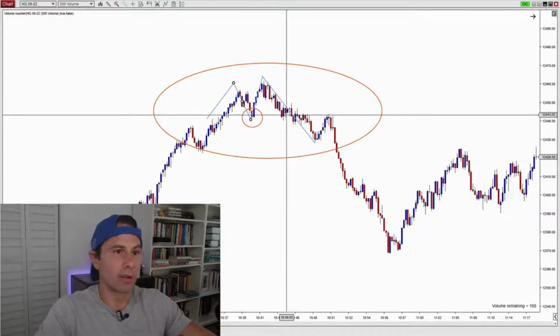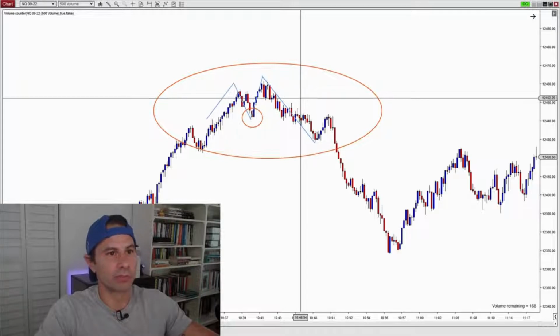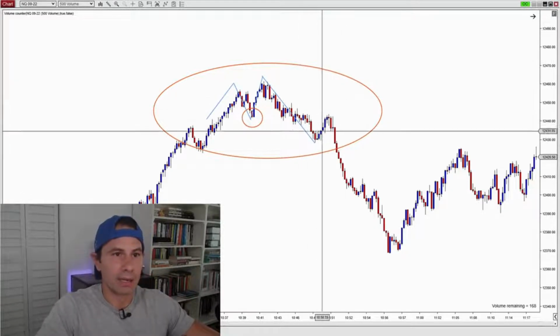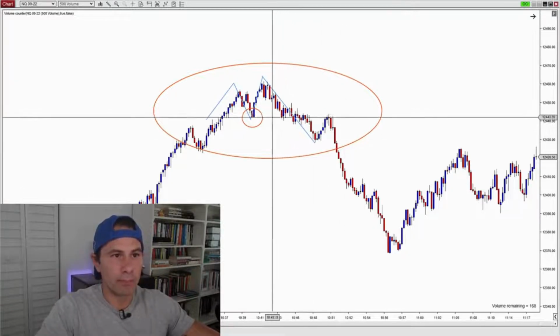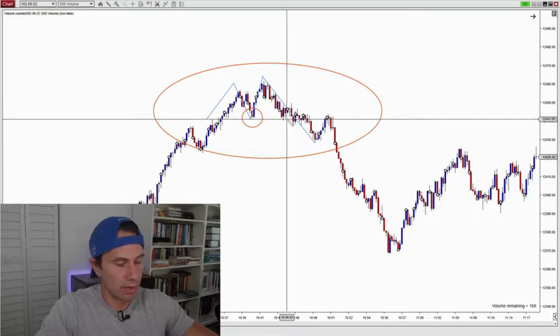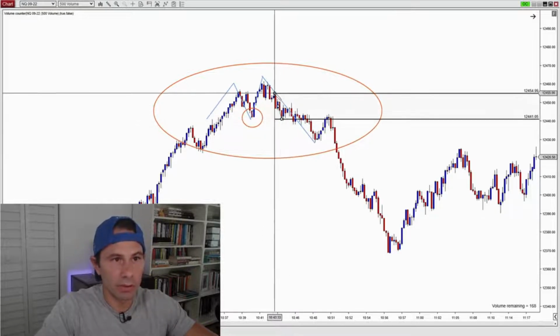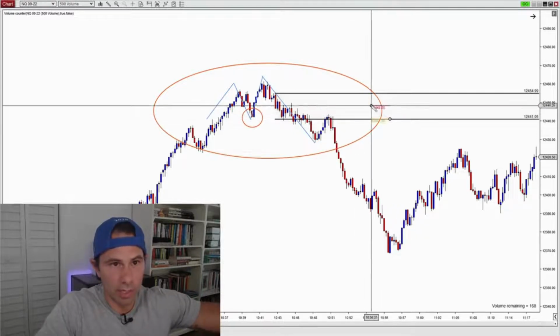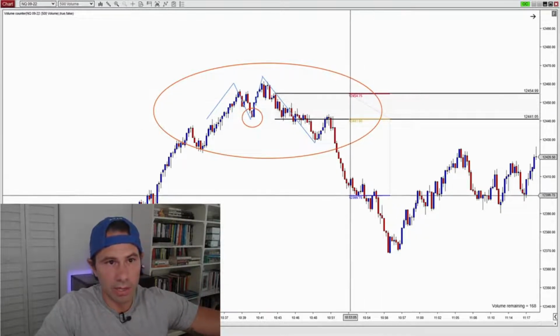I want to have other things aligned. For instance, for me, internals and the dollar. Those things are very important for me. But again, you can either put a trade right here. Let's say you want to risk all this, right? And you put a limit order right here, and your target will be down here.